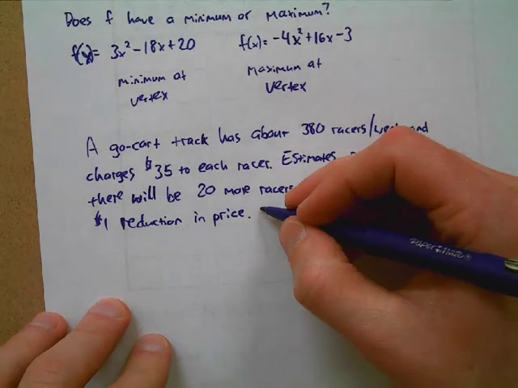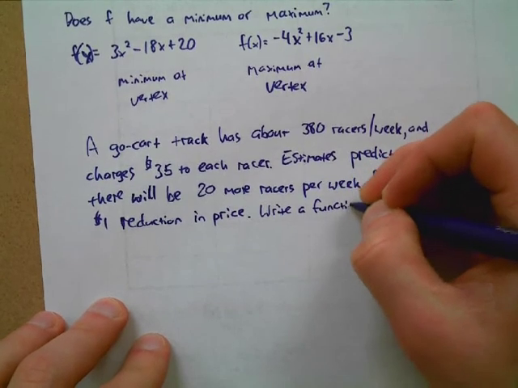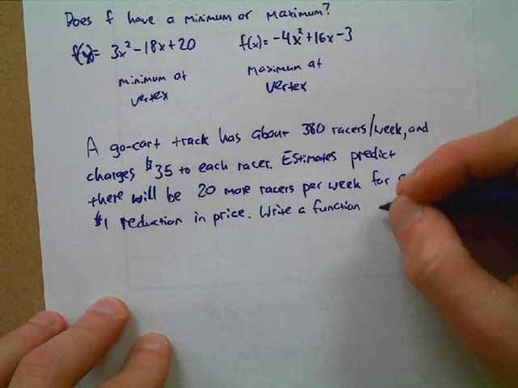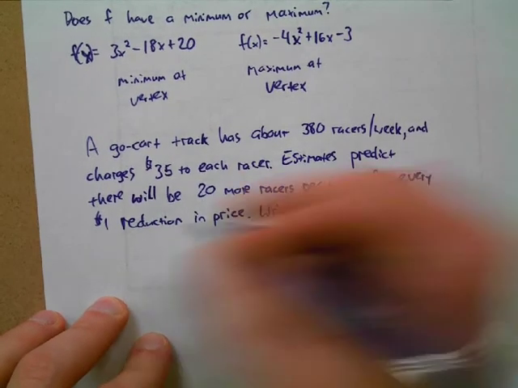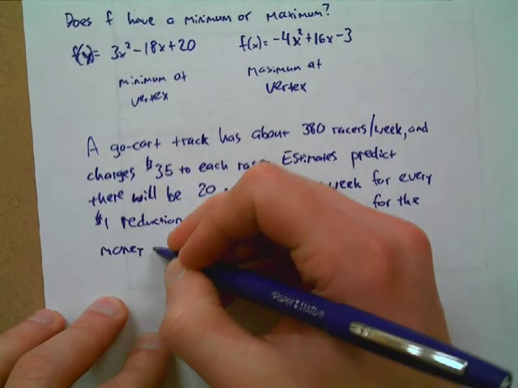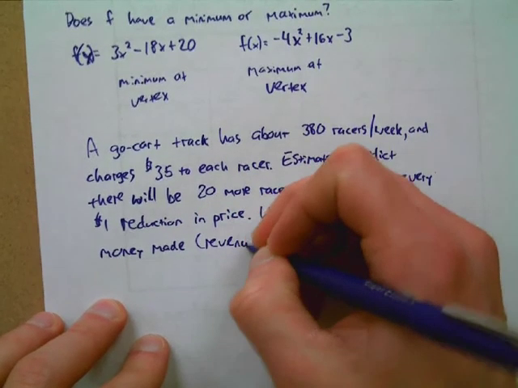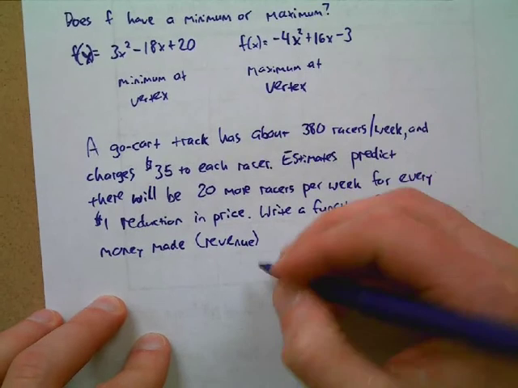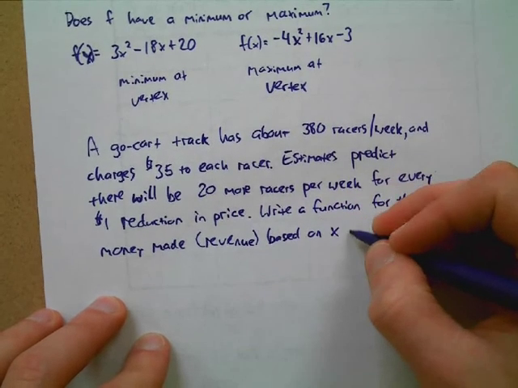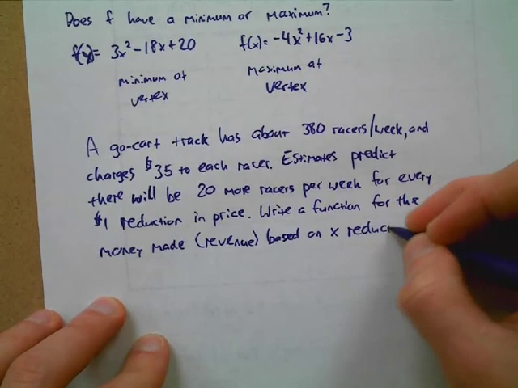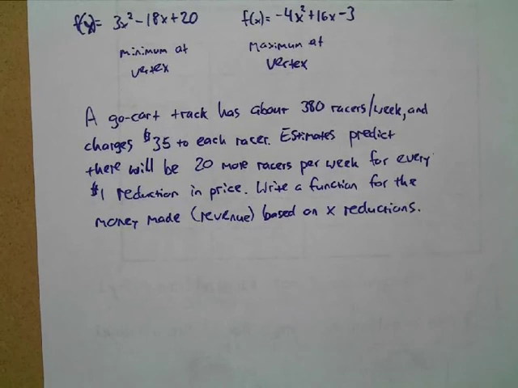We're going to write a function for the money made, i.e. the revenue, based on X reductions. Okay, good stuff.